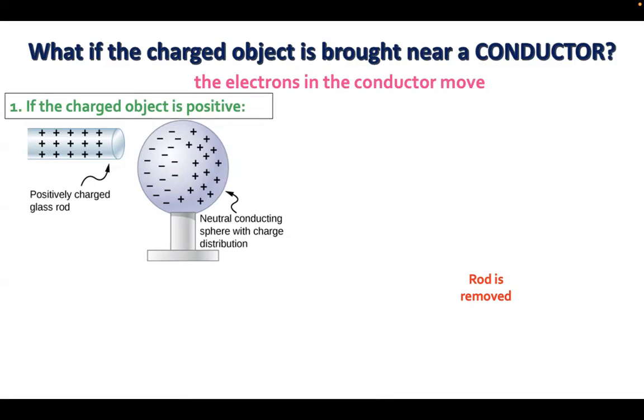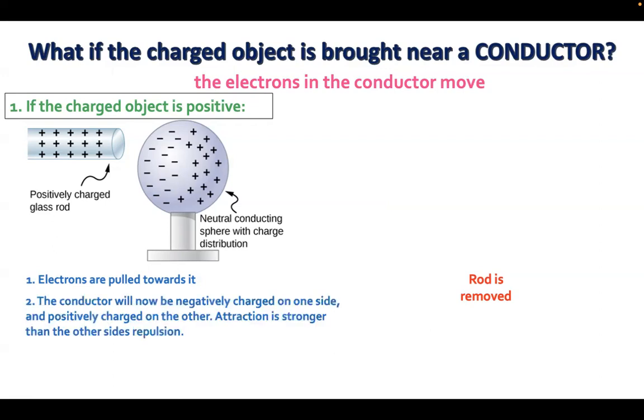Okay? What is the only thing that can move in this whole story? It's the electrons. They can leave their places and move towards the positively charged glass rod. So let's review this again. Electrons are pulled towards the positively charged rod, which results in the conductor being negatively charged on one side and positively charged on the other side, okay?